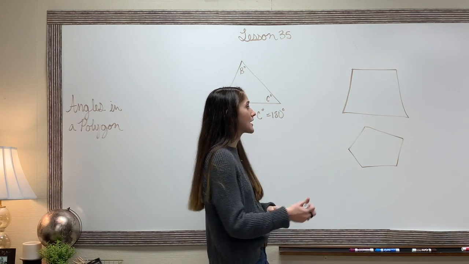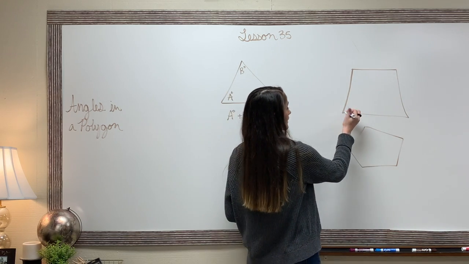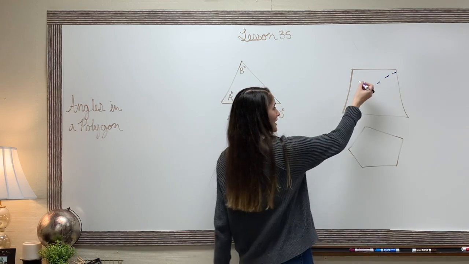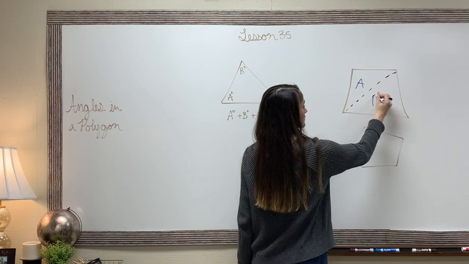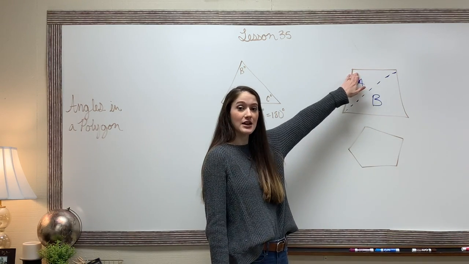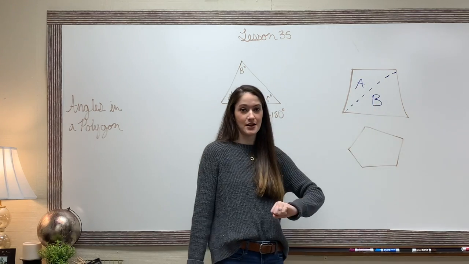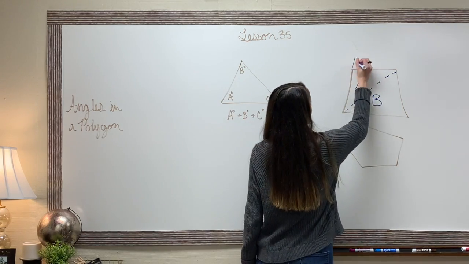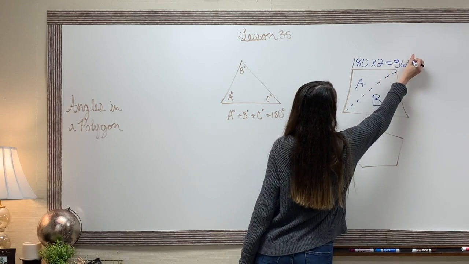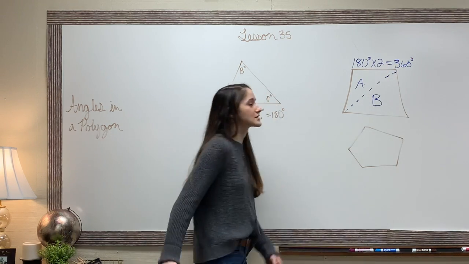When I have a quadrilateral like this, all I have to do is find a diagonal. And I see that I have split this into two triangles. So this triangle has 180 degrees and this triangle has 180 degrees. So 180 times 2 equals 360 degrees. And so that is why we know this.